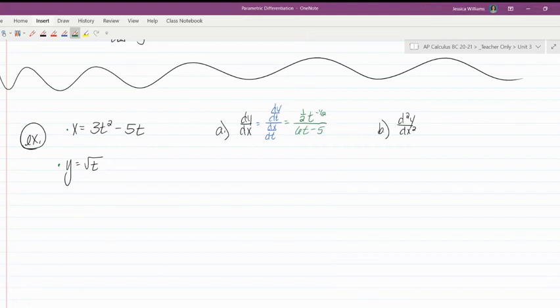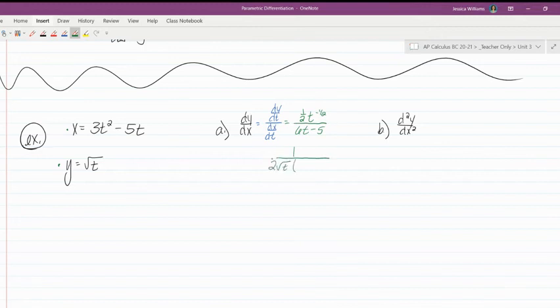Could I clean it up? Sure. Am I going to clean it up? Yes. I'm actually going to clean this one up because I'm about to use it again, because I have to take its derivative to use it again in the second derivative. And I don't know. I guess I just don't really feel like taking this derivative as is, but you could. It wouldn't be terrible. So I'm going to do my exponent rules and rewrite this down here.